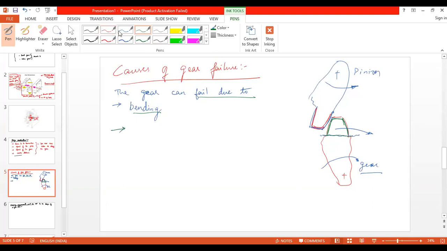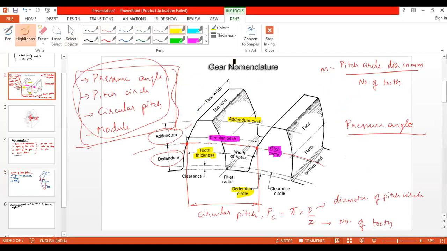And the next one, the gear can fail due to pitting. Okay, it is known as pitting. It is the surface fatigue failure. Here this is the surface, which may fail because the stress on the surface exceeds the endurance limit of the material.